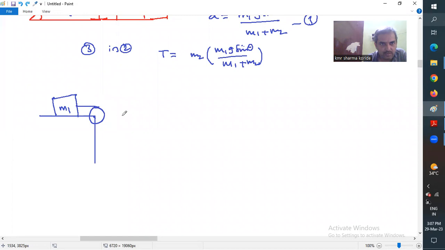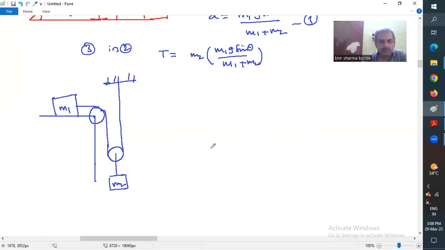The string passes over it, and there is another pulley. You call this a movable pulley. The string passes, and the other end of the string is connected to a rigid support, and there is a body of mass m2, whose weight acts vertically downwards, suspended.